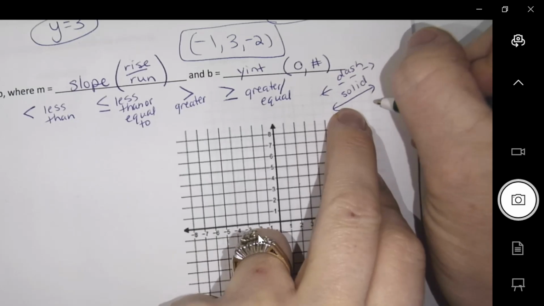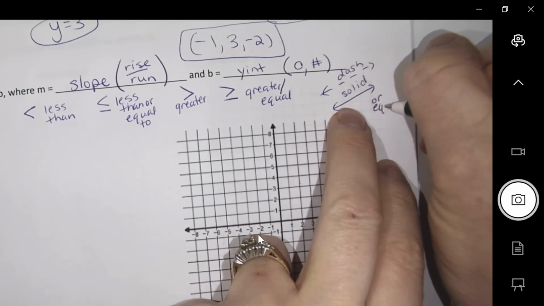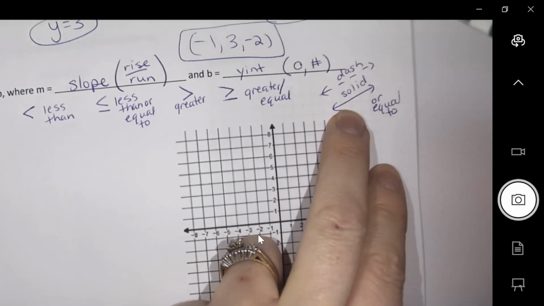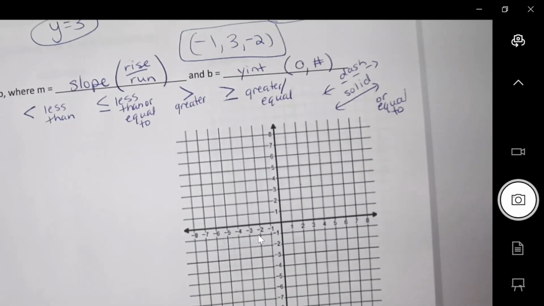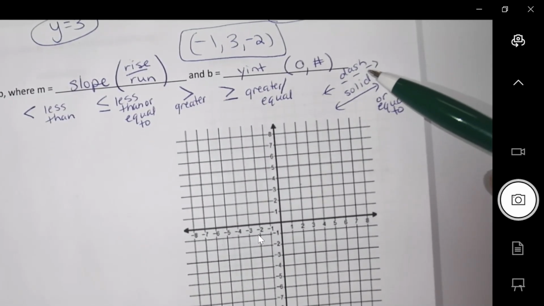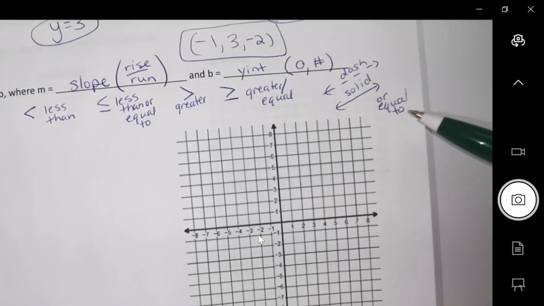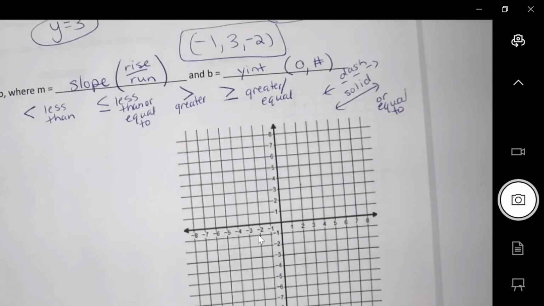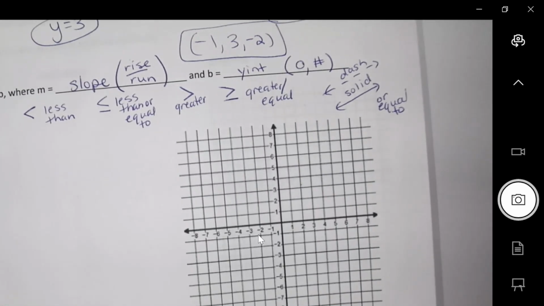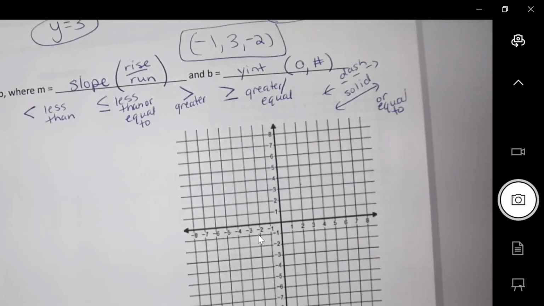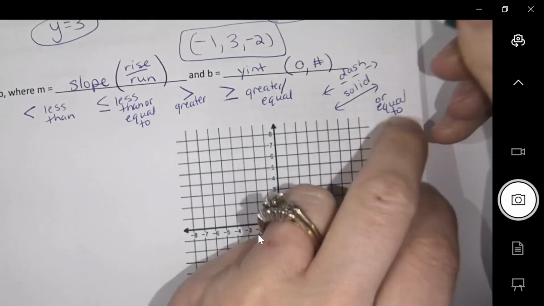Solid are the ones that are or equal. Okay, so a less than symbol or a greater than symbol, you're going to be dashed. And as soon as it says you could be equal to the line, you're going to include the line and solid it in. So solid is when you're equal to it, and the dash is when you're not allowed to be on it.